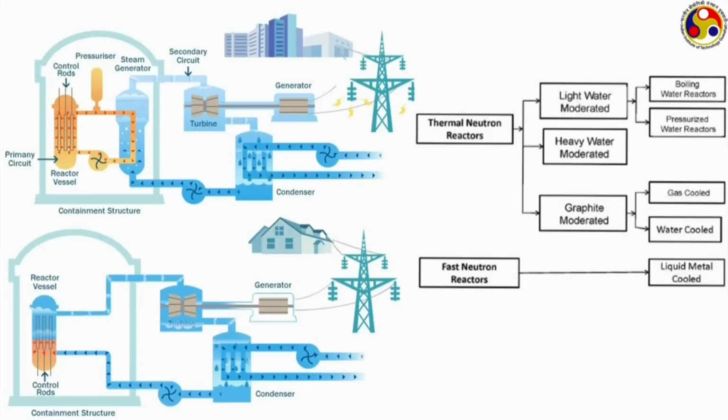So, we can have a wide variety of coolants, as we can see from here. Both these two figures refer to light water reactors, but in one case we are using single phase water to carry all the heat produced by nuclear fission, whereas in the other case we are using the phase change process to carry the heat from the nuclear reactor. We can also have gas cooled reactors, which again are quite similar to the pressurized water reactor.